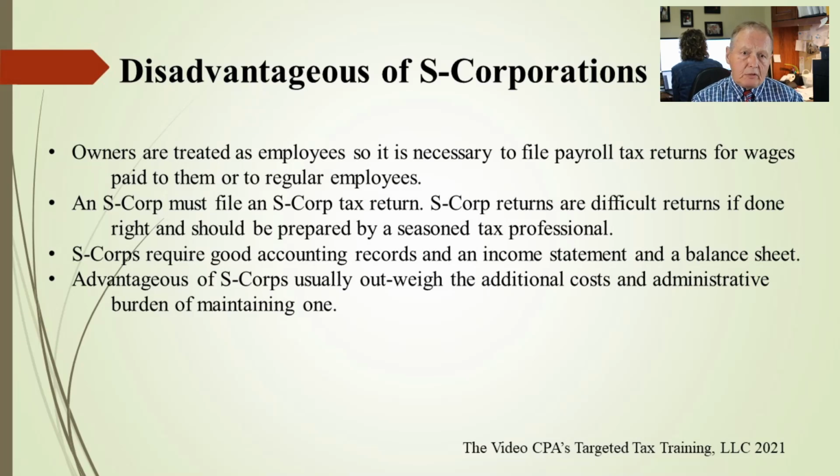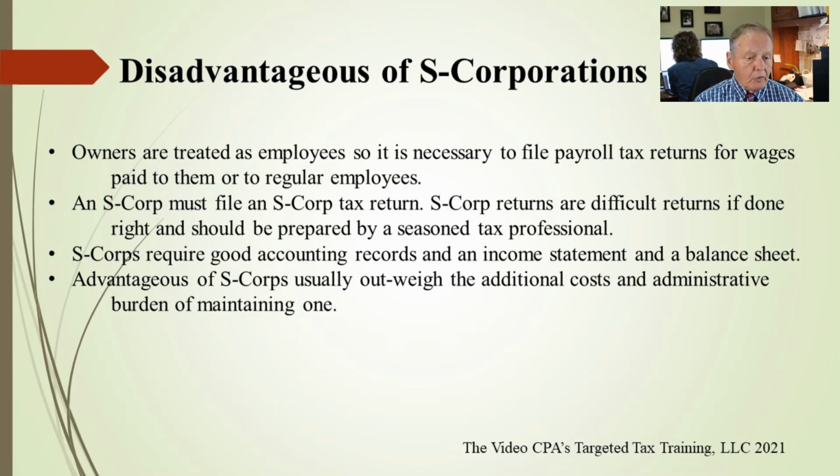You have to remember that if you're a proprietor or a partner, you don't file a W-2 on yourself. You receive self-employment income, you make estimated tax payments, and you file W-2s for your employees of a proprietorship or a partnership. But if you're an S-Corp, you are an employee of that corporation, so you can give yourself a W-2.